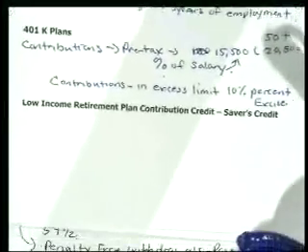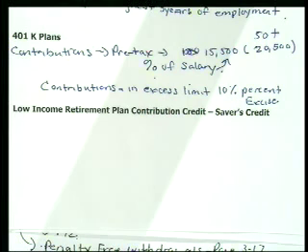Next, we want to look at the low income retirement plan contribution credit, which is the saver's credit. They have this credit out there that you can get if you are low income and you are contributing to a retirement plan. So that's basically what it is, a saver's credit.